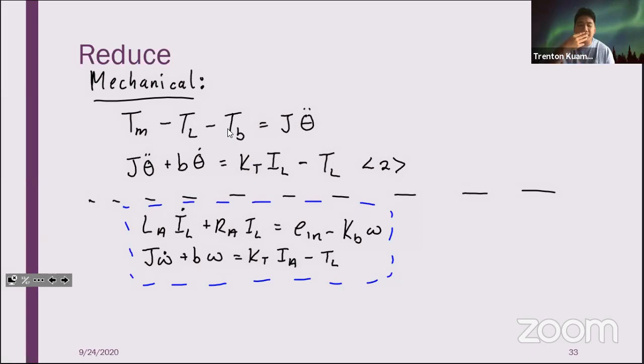Hey, Professor, I have a question about that last problem you did, the ones you highlighted in blue or dotted in blue. What did you say that one was for again? In terms of, other than power? The angular velocity instead of the angular position. Right. So when we get to talking about how things respond in the real world, nobody will ever come up to you and say, what is the position of the motor?